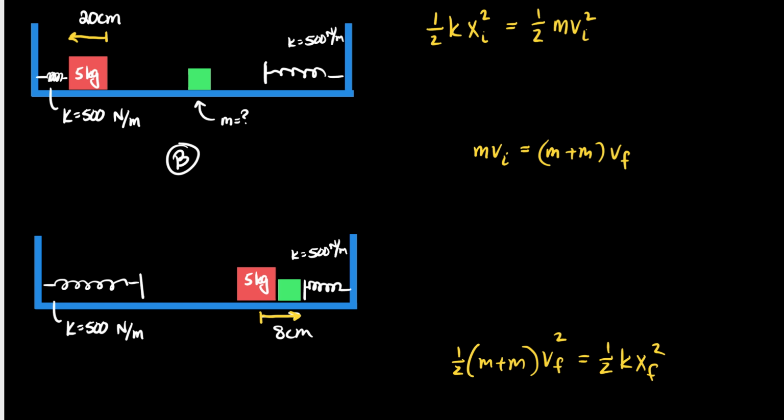Because we do know a lot of things. For example, I know that K is 500 and the original displacement was 20 centimeters, which I also know is 0.2 meters. Seems to me I know all the energy that was in the system. Any question about where any of that came from?